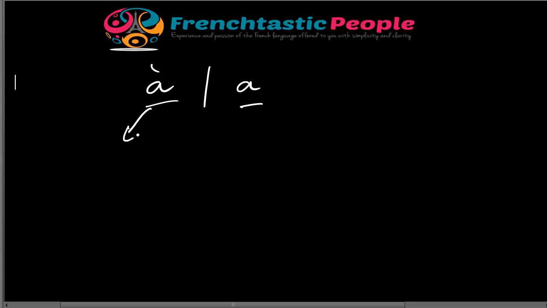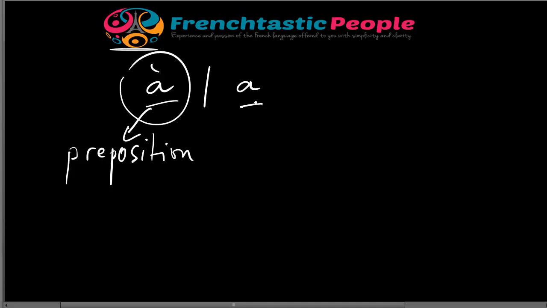Just so you know, this à here is a preposition, the one with an accent. This is a preposition, une préposition, and as a preposition, it will never change. This form will remain the same. However, the second a here, and I'm sure you already noticed what this was.